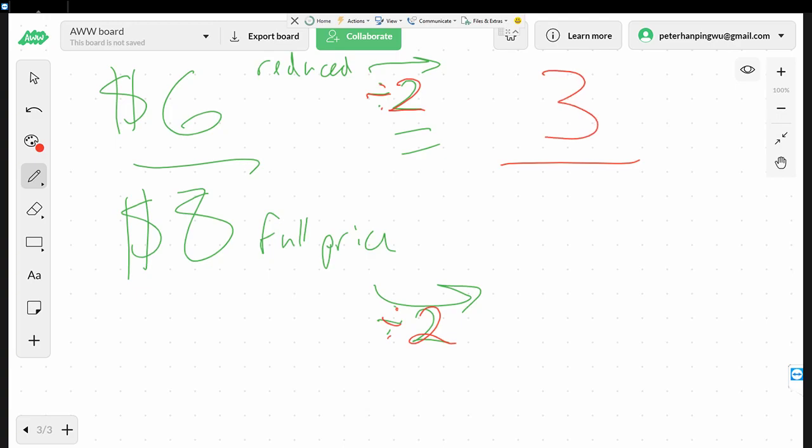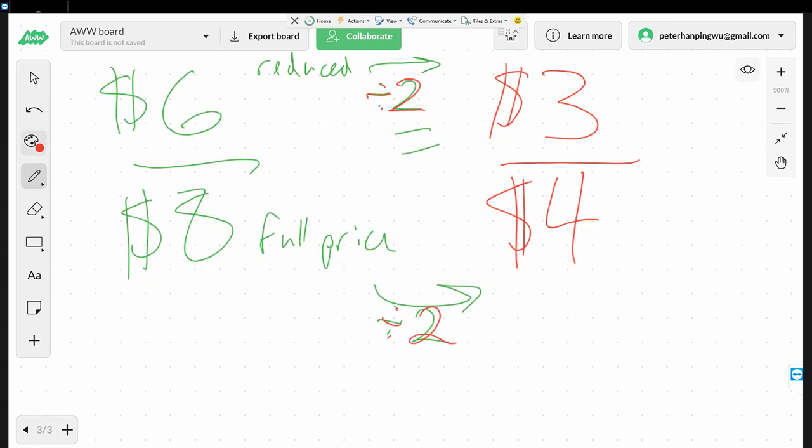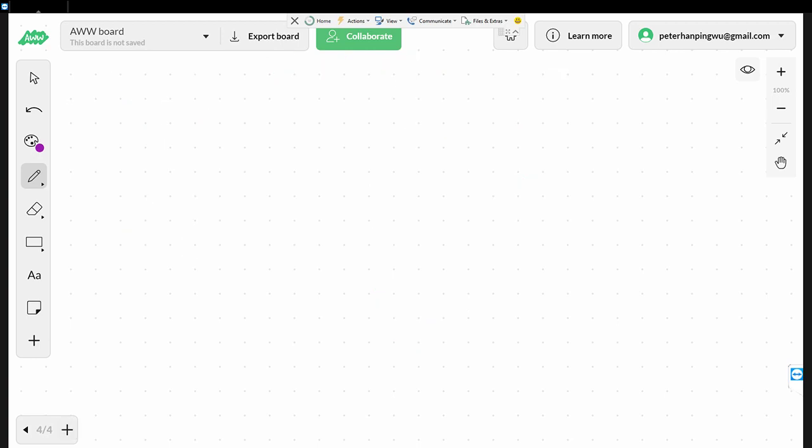And 8 divided by 2 gives us 4. So for every $4 that the normal price would have been, we're paying $3. Now looking at our fraction, we're looking for something out of 100. So my question is, is 4 a factor of 100?